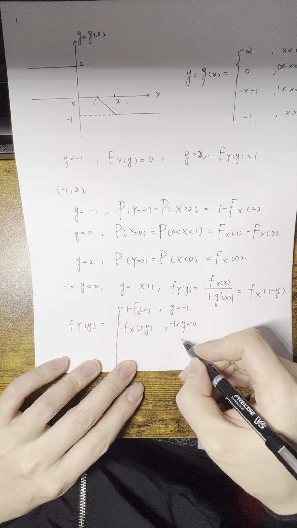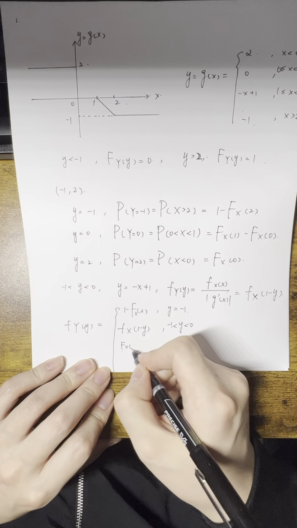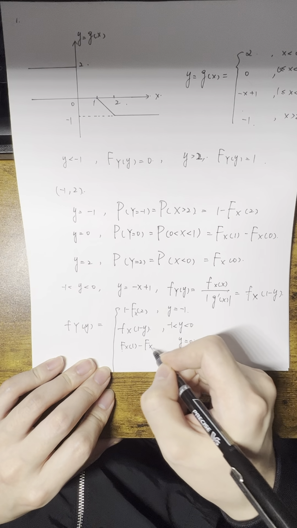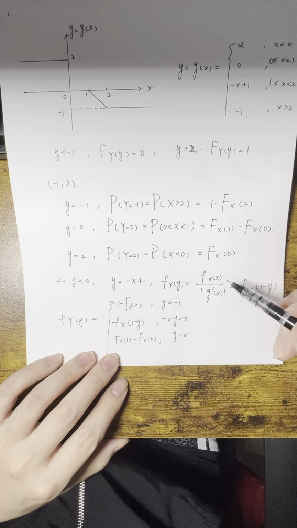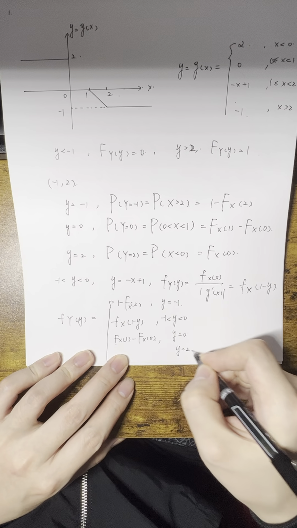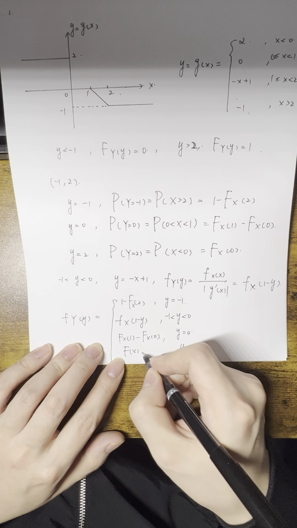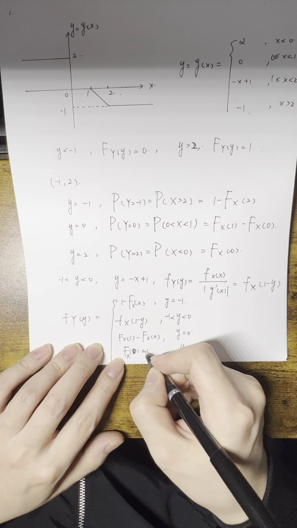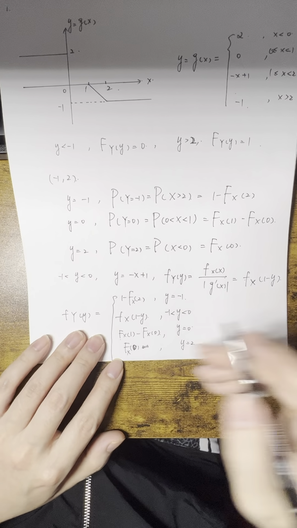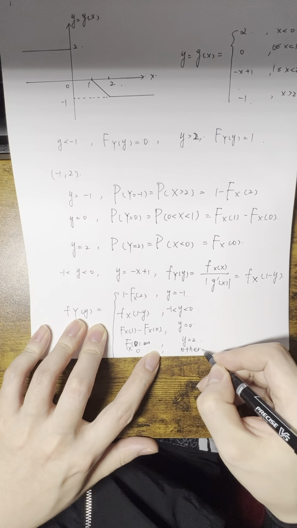When Y equals 0, its value is F_X(1) minus F_X(0). When Y equals 2, its value is F_X(0). And otherwise, its value is 0.